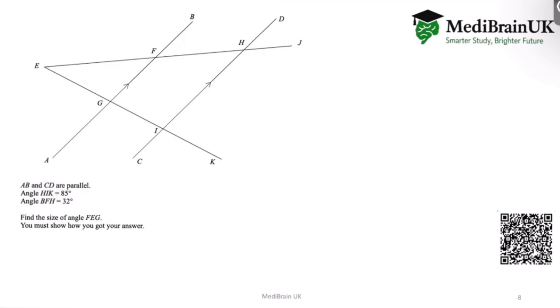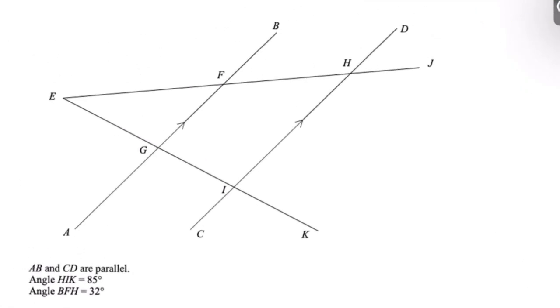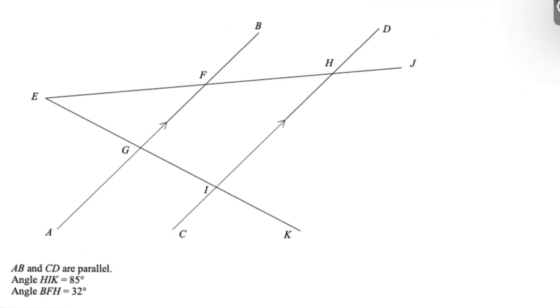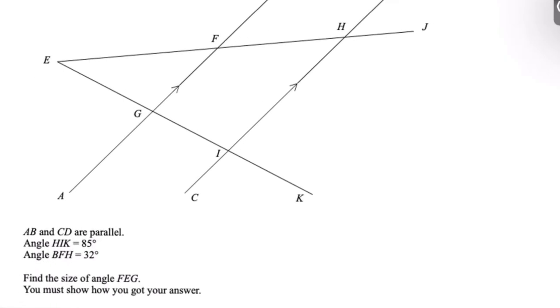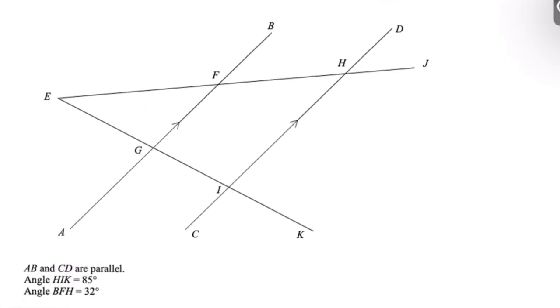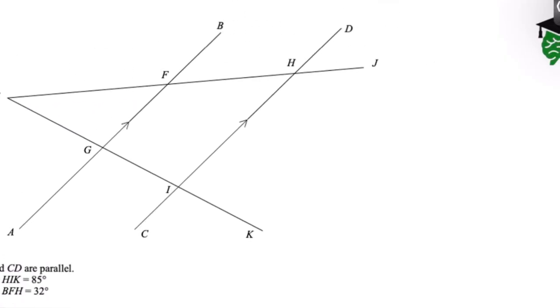So this was again getting slightly harder. Let's label first what we know from the question. It says AB and CD are parallel. We can see that because they've got the arrows on them. They are parallel, which means that they will never meet. It says angle HIK, which one's that? We can see H to I to K is this one over here.